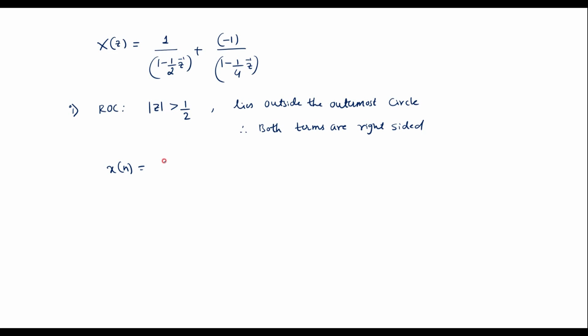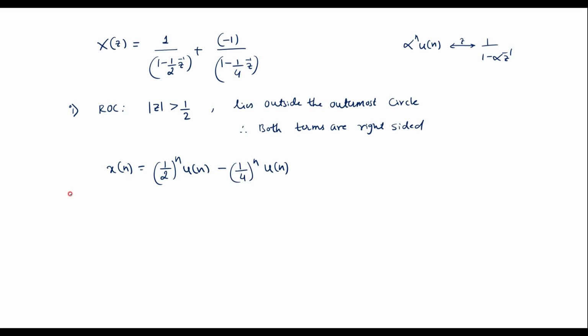We know that alpha power n u of n has z transform 1 upon 1 minus alpha z inverse. It is of the form 1 minus alpha z inverse, and here alpha is 1 by 2. So x of n is 1 by 2 power n u of n, plus minus 1 by 4 power n u of n.